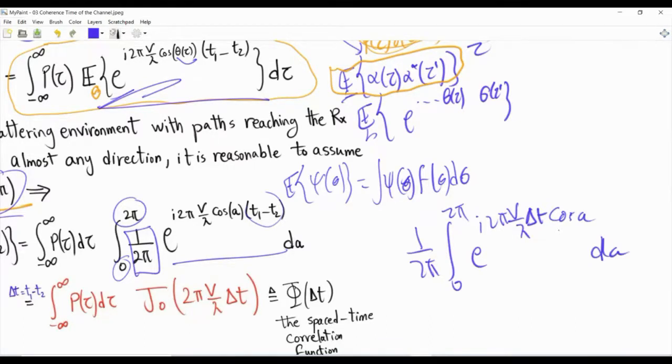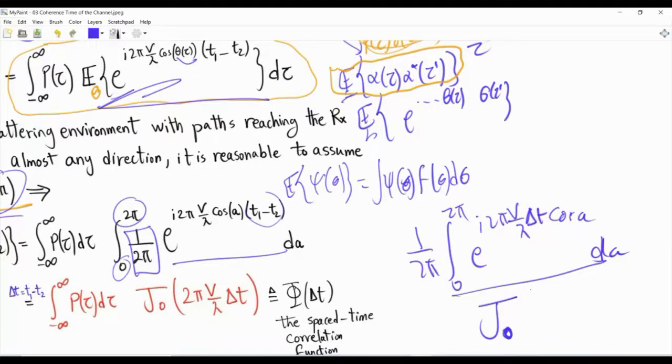Well, this integral does not have a closed form, but it has a name, because it appears in lots of applications, and this is a Bessel function. This is the Bessel function of the first kind, and it is of order 0.